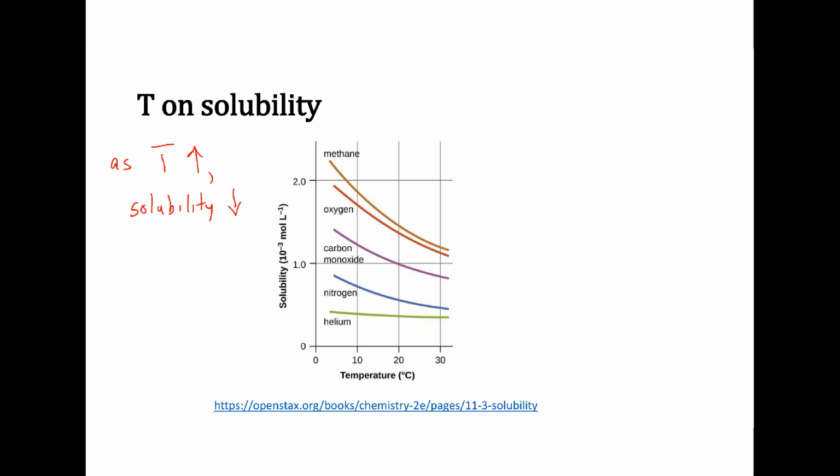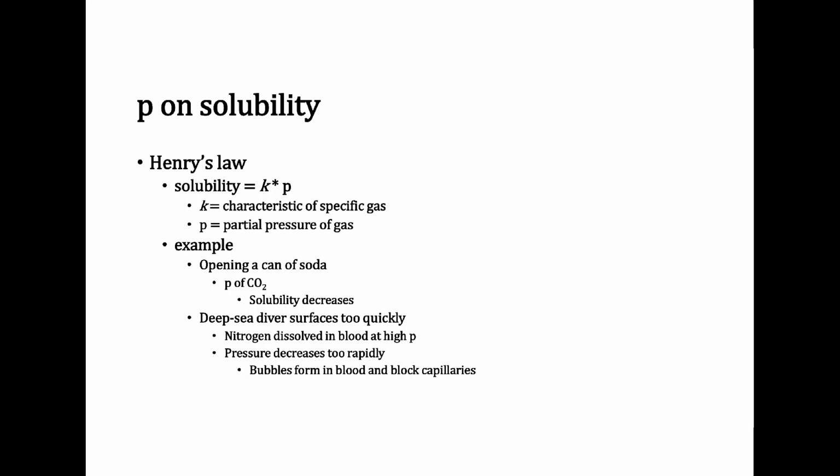The last thing we want to talk about today is the effect of pressure on solubility. This is known as Henry's law. What we'll see is the solubility is equal to some constant K times the partial pressure of a gas. Anytime you open a can of soda and you hear that psst, the pressure of the CO2 is decreasing very rapidly, and that's all that extra CO2 escaping.